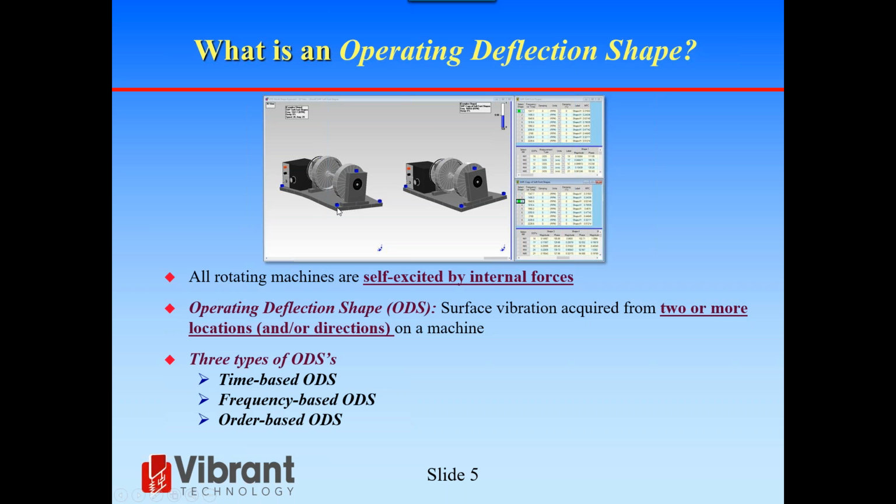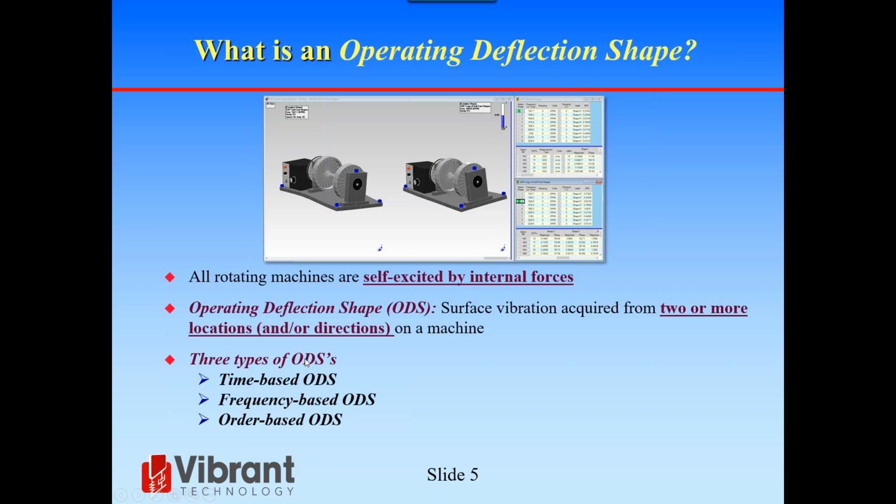Those are indications of tracks or accelerometers that we place on the running machine, and then we measure its ODS with the acceleration X, Y, and Z motion at various points on the motor and bearings and on the base plate.